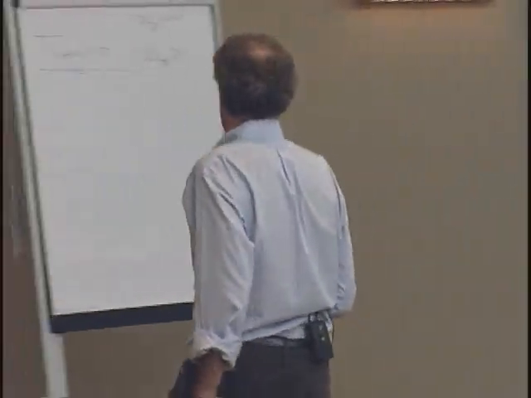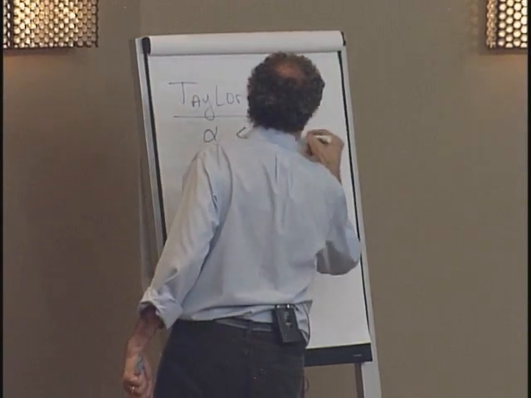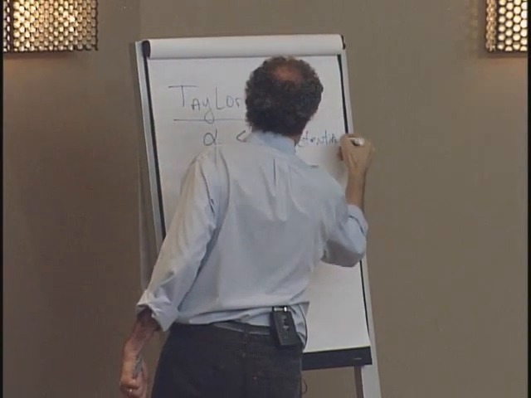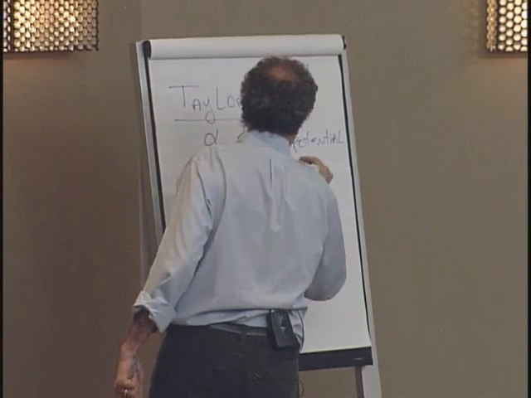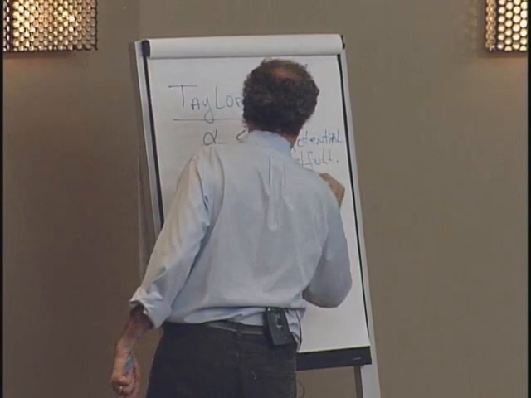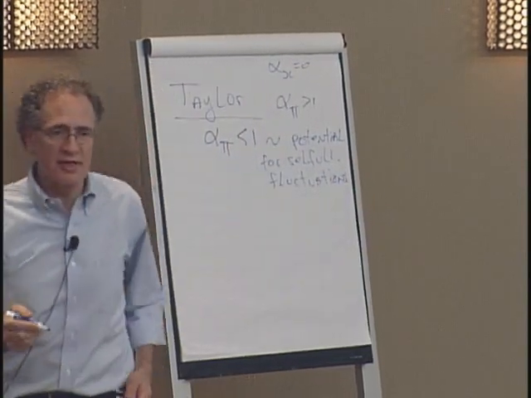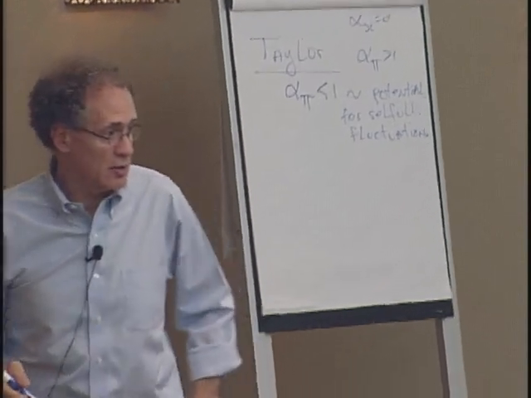That is, if alpha pi is less than 1, you have the potential for self-fulfilling fluctuations. A potential for a form of instability that need not be present at all.